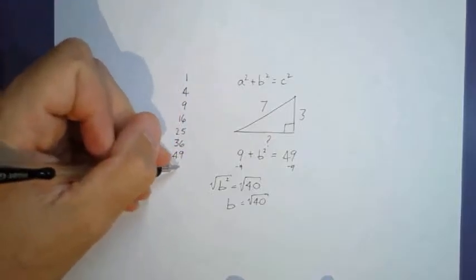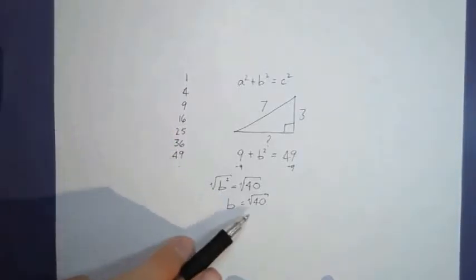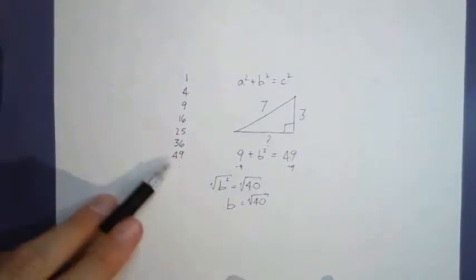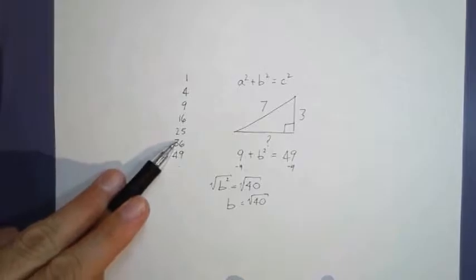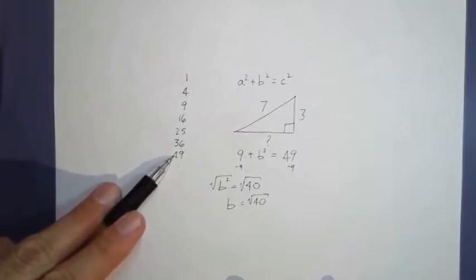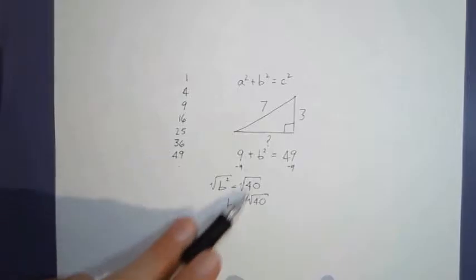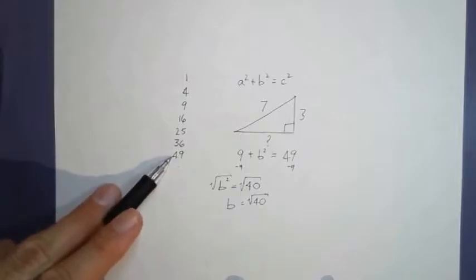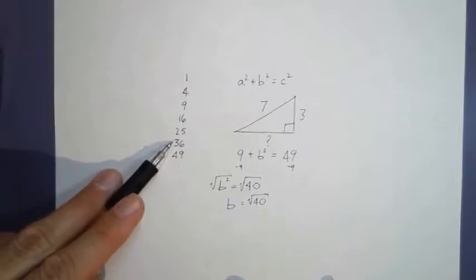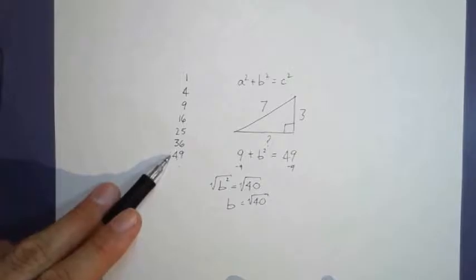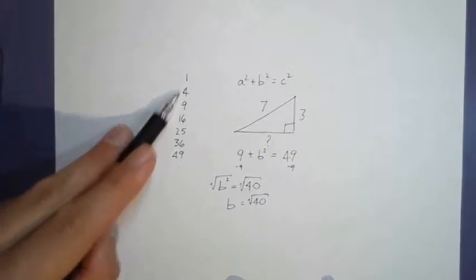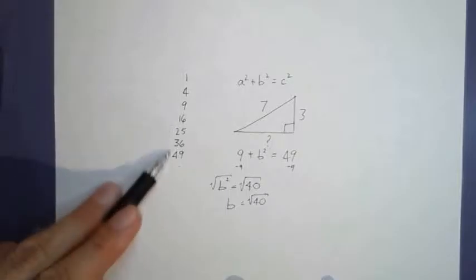You can keep going, but I have exceeded the 40. So the square root of 40 falls in between 36 and 49, so this value will be 6 point something. It falls in between the whole numbers 6 and 7. So it's not a perfect square. I would have come across it as I squared these numbers and made this list.